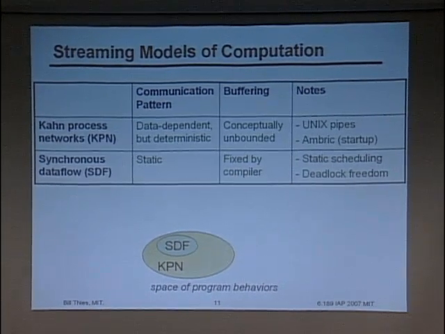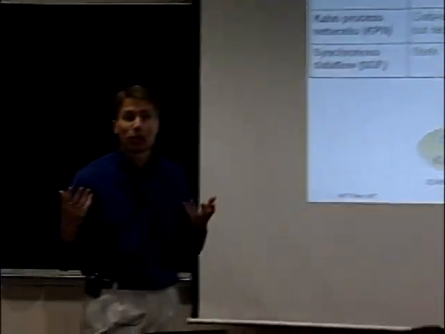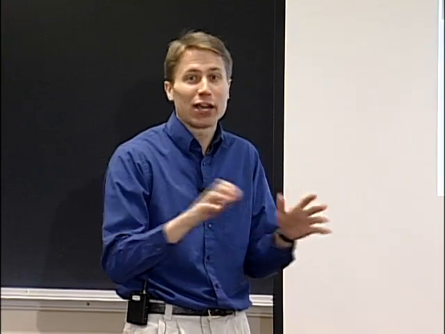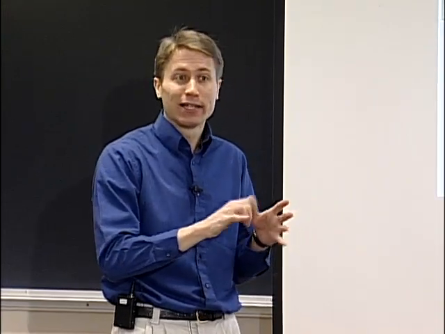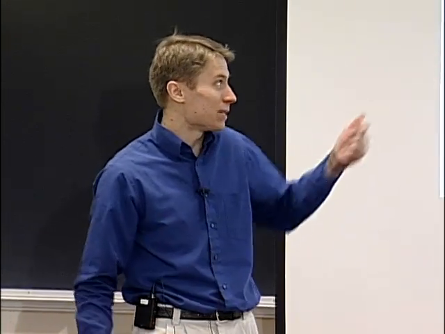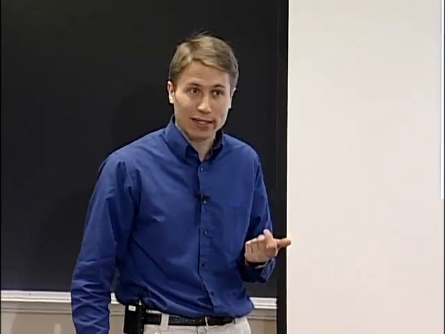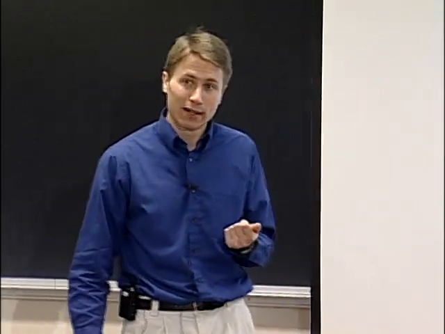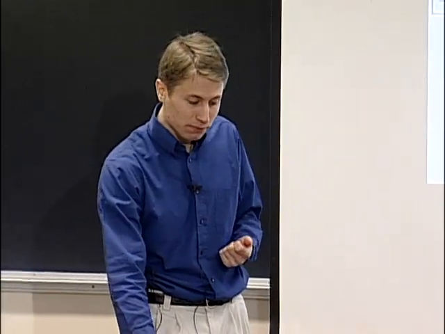So the compiler can see who's communicating to who in exactly what pattern. And then it can statically interleave the filters to guarantee that everyone has enough data to complete their computation. So there's a lot of interesting optimizations you can do here. That's why it's very attractive for StreamIt. And you can statically guarantee freedom from deadlock, which is a nice property to have.